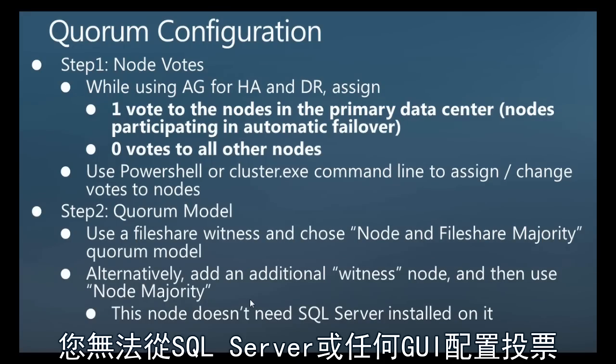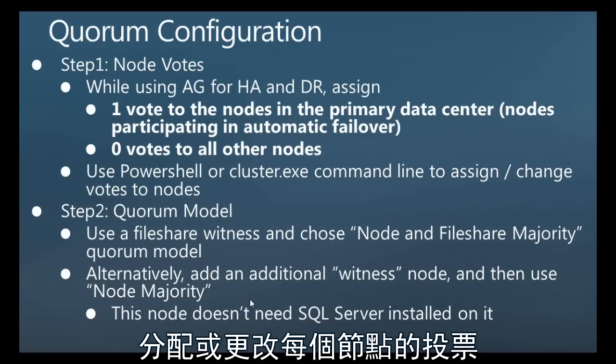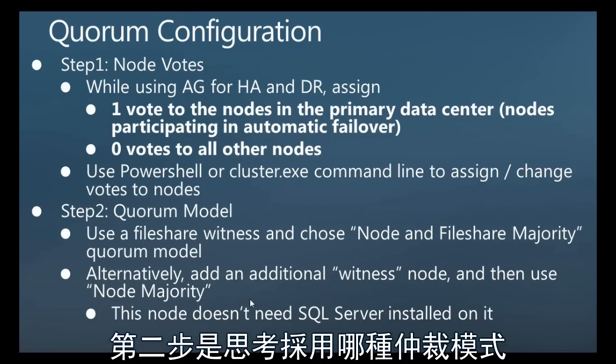There's no way you can configure the votes from SQL Server or any GUI. You have to configure this using PowerShell or the cluster.exe command line to assign or change the votes for every node. The second step is to consider your quorum model.